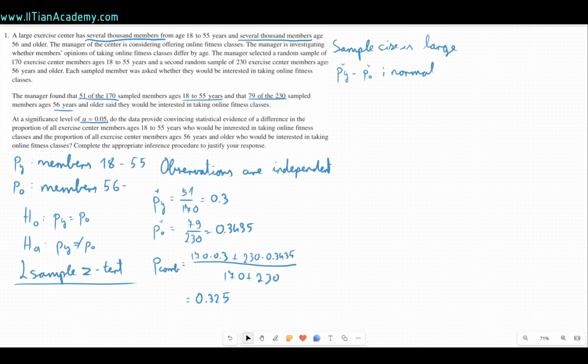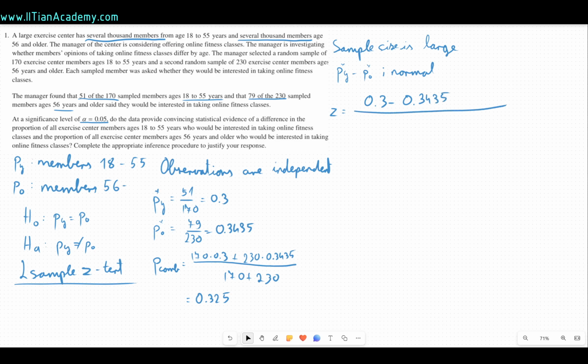So what we can do now is calculate the value of the test statistic. We're doing the z-test here, so we have to look at what the formula is. The z-test statistic is going to be firstly the younger ones, so 0.3, minus the older ones, the difference of the two proportions.